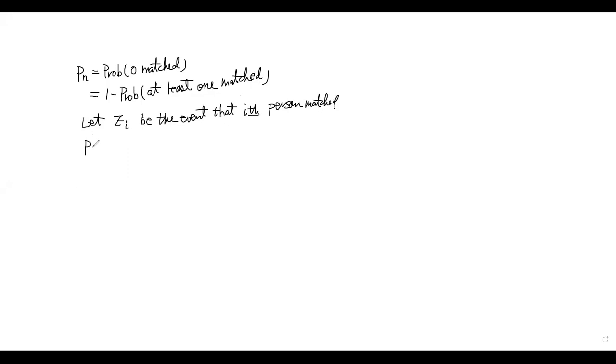Then the probability of at least one match, I can rewrite as the probability of E1 union E2 union E3 and so on, union EN.